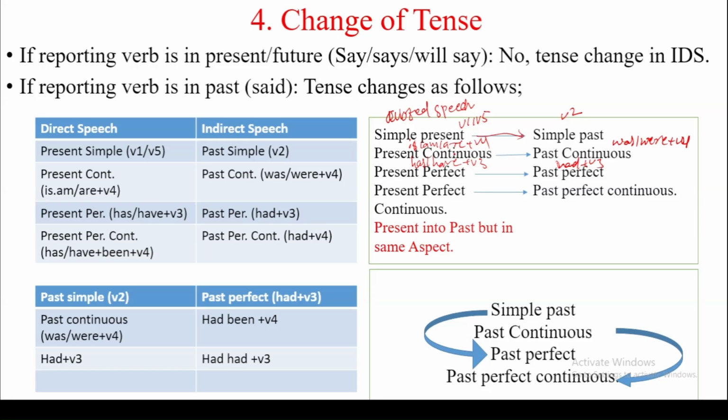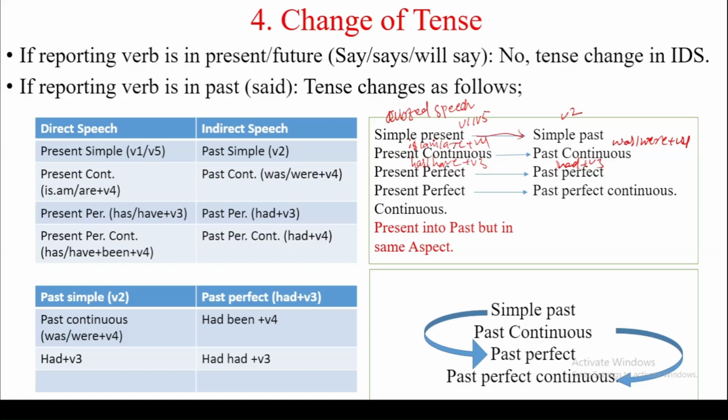So you have to remember the structure first of all, the 12 tenses and aspects, and then you have to keep in mind this trick. It will make it easy to remember the trick.